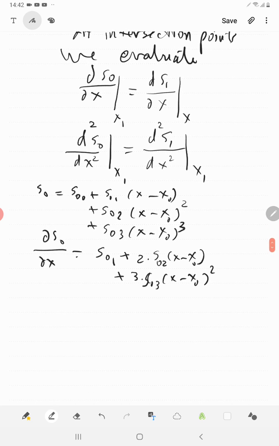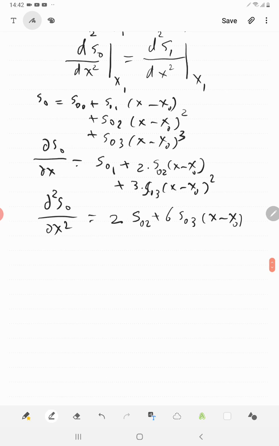And the second derivative is equal to 2 S02 plus 6 S03 (x minus x0). Sorry, it's not squared, just x minus x0, since it's the second derivative.